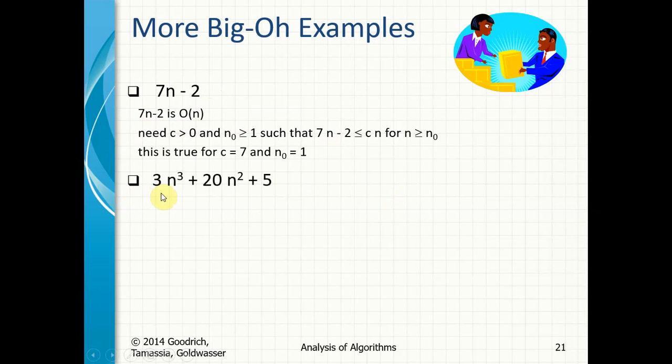How about this one? 3 times n to the power 3 plus 20 times n to the power 2 plus 5.